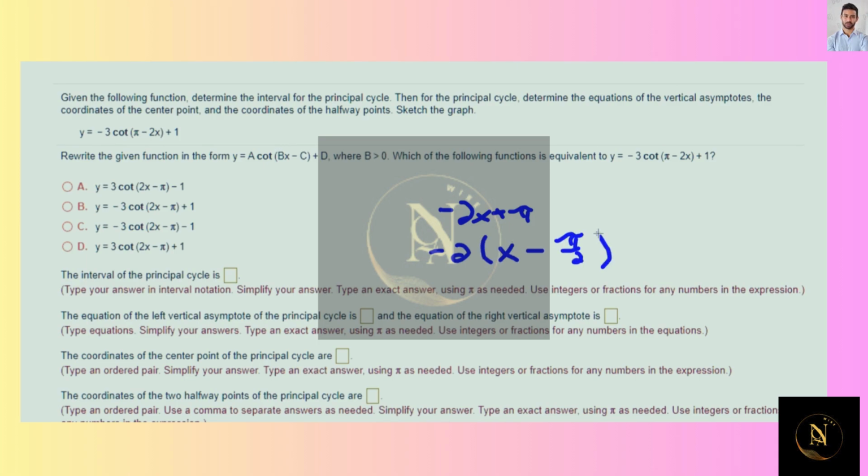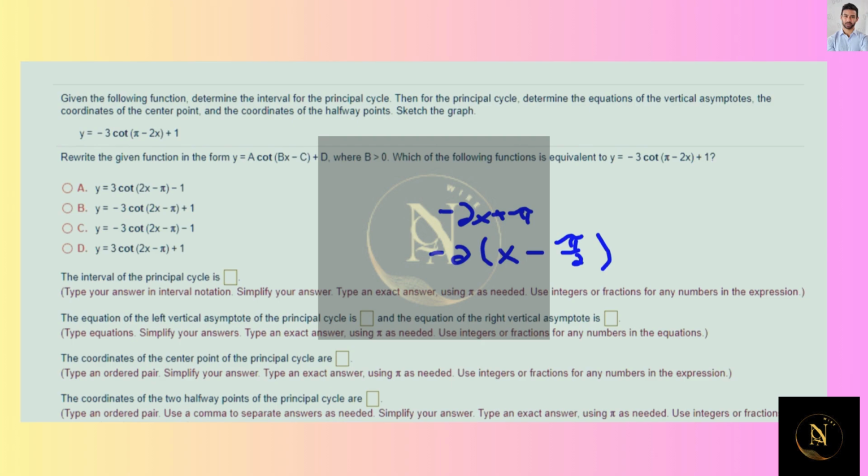And then that negative with the negative out front, when we switch those around, is going to make the leading coefficient positive. So that's going to match D. When we take the negative out, it's going to affect the negative out front, but not the sign of the constant, not the vertical shift.